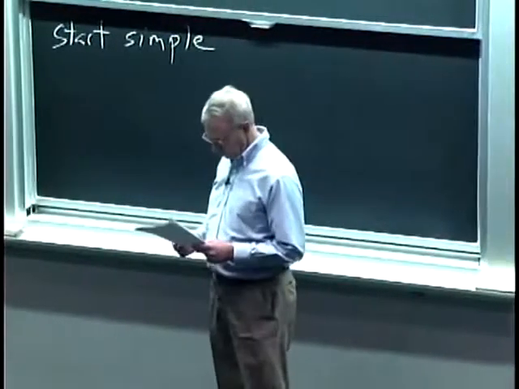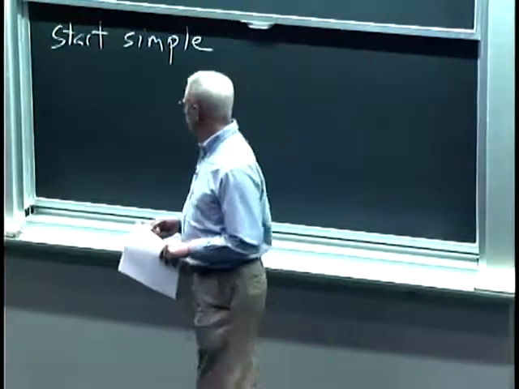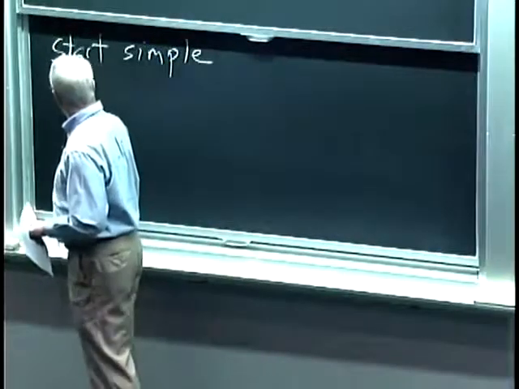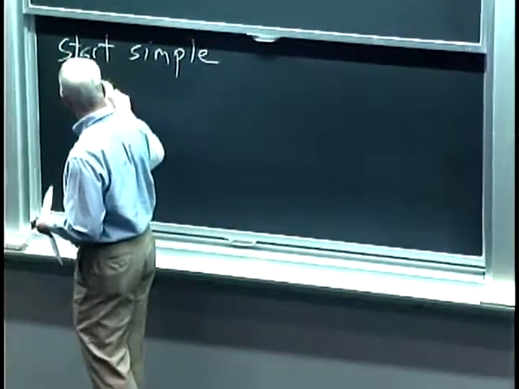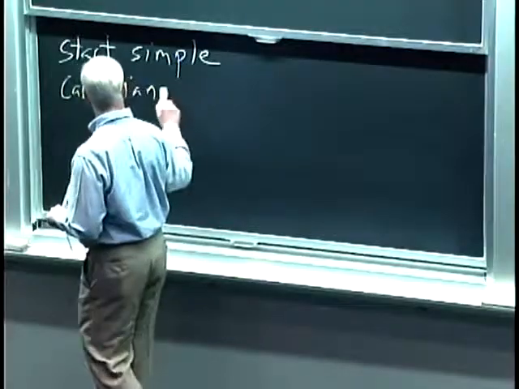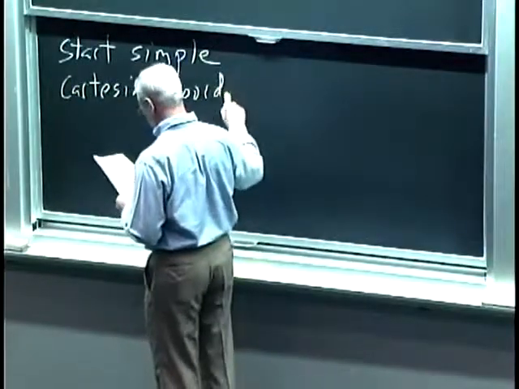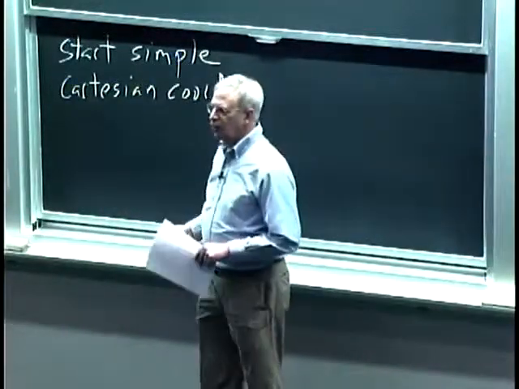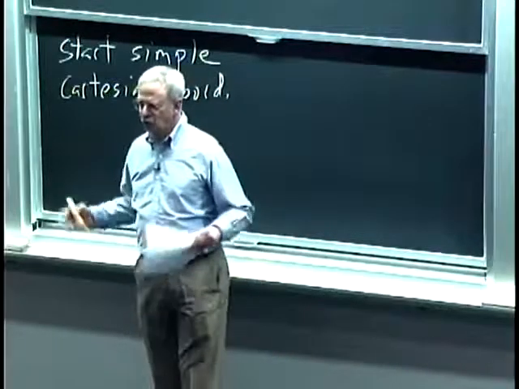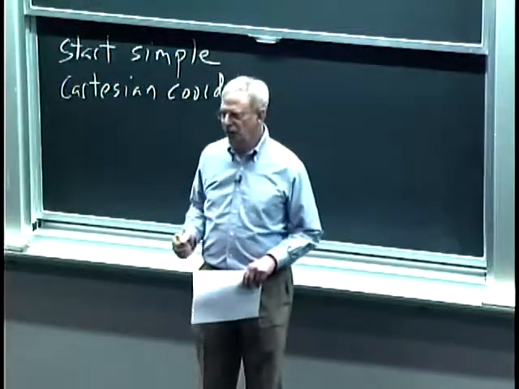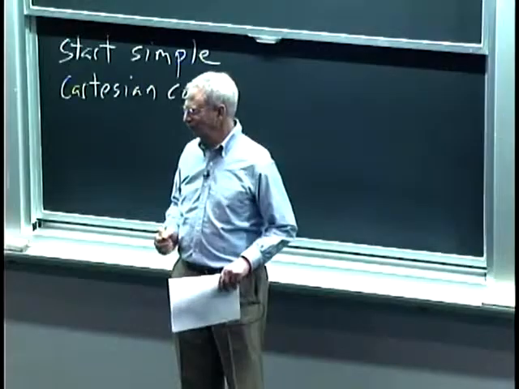So I'm going to start with the simple model, and I'm going to assume, as we've seen before, that we have Cartesian coordinates. And that the drunk is standing on a field that has been cut to resemble a piece of graph paper.